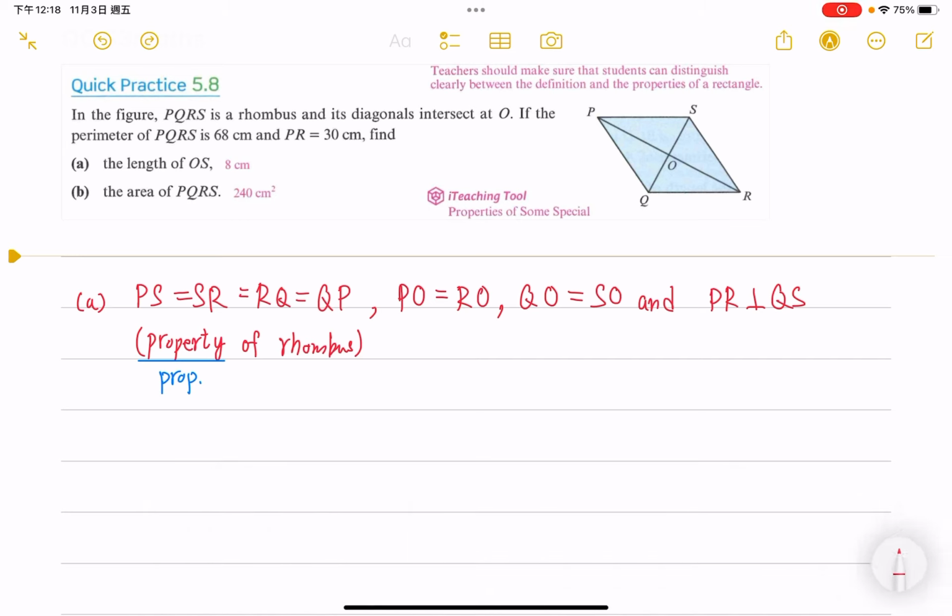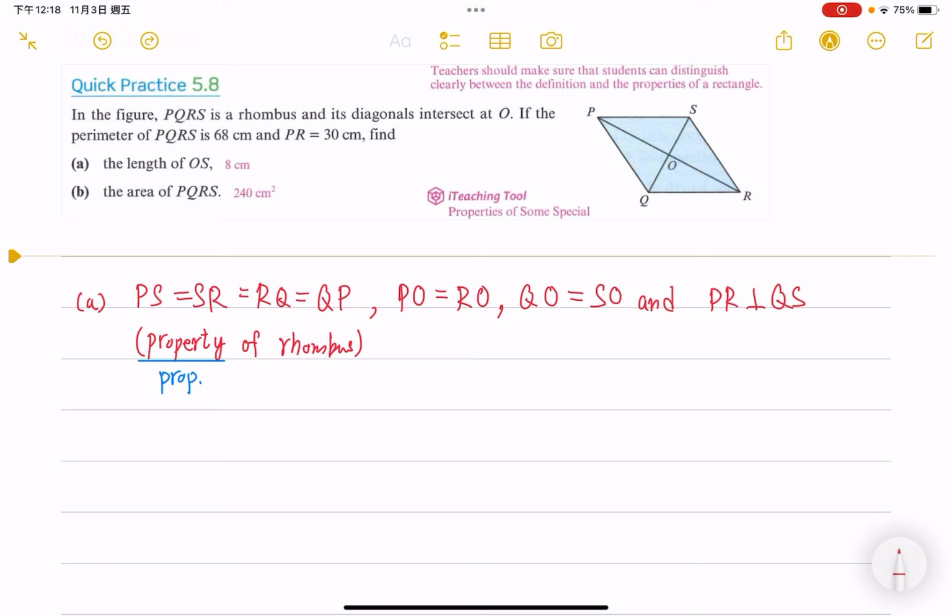So after we recall all the information of the rhombus, then we can start to do the calculation. Make sure that you have sufficient justification in order to draw the conclusion. So for the length of OS, we are going to find the length of PS and PO first.